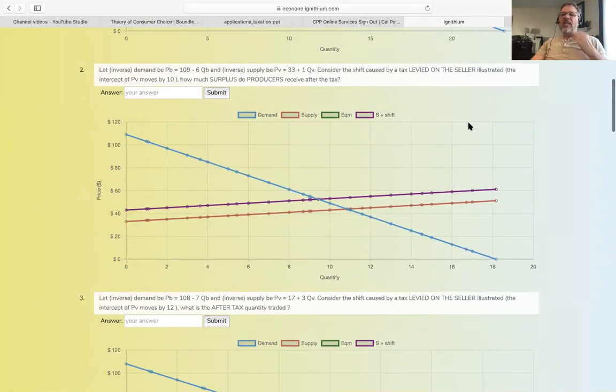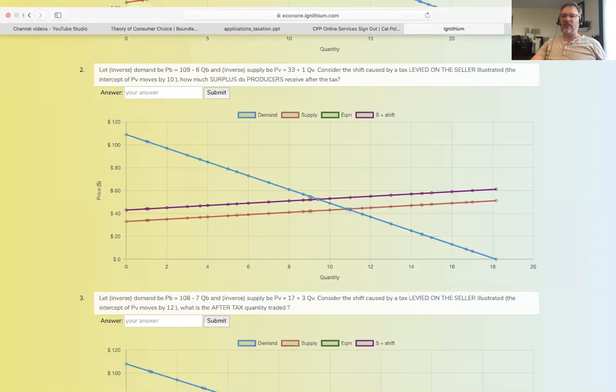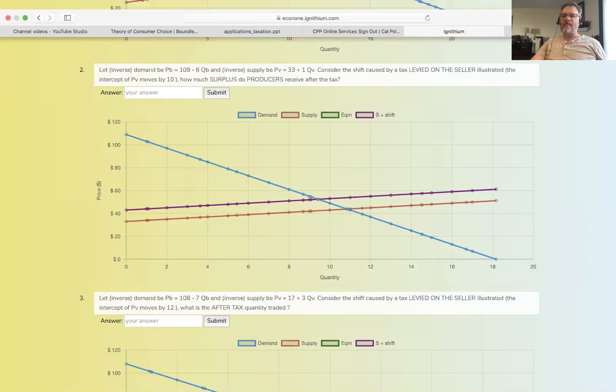So this is a big picture issue, and maybe one that we can talk about later on Thursday.